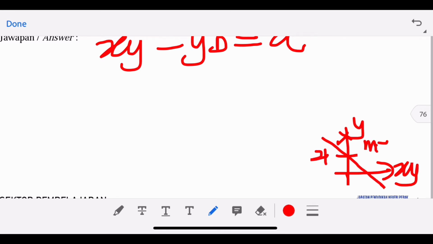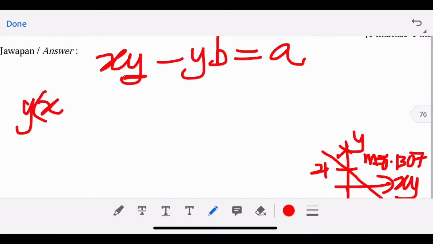We have the m, which is equivalent to negative 0.1307, right? Okay, that is our gradient. So based on this, we will express our y as the subject. We factorize the y, so it becomes y(x minus b) equal to a.